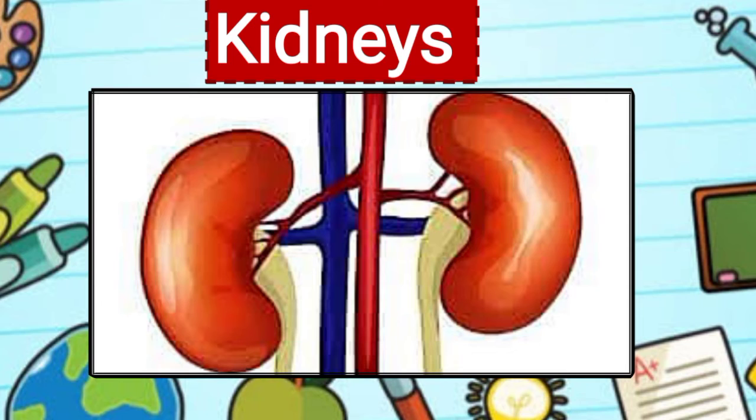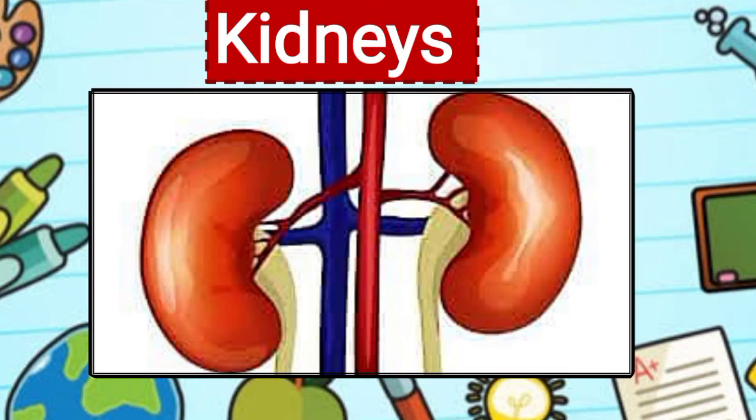The kidneys are the primary organs of the urinary system. The kidneys are the organs that filter the blood, remove the waste, and excrete the waste in the urine. So these are the functions of kidneys, and they are the organs that perform the function of the urinary system.